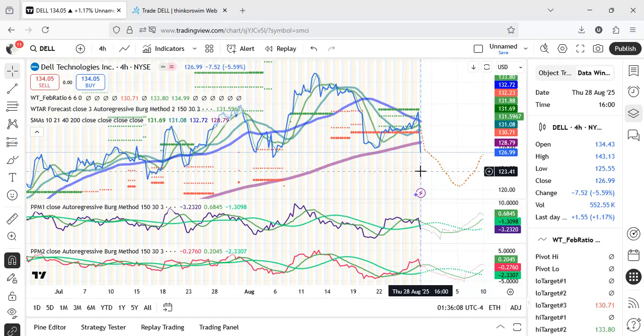In terms of projections here, we don't have anything close to what we have on the daily chart. We have some, but not as high. Here the projections are saying 130.71, 133.80, 134.99.